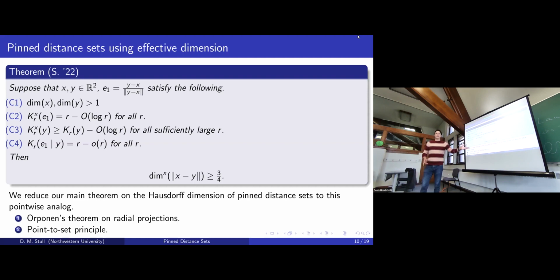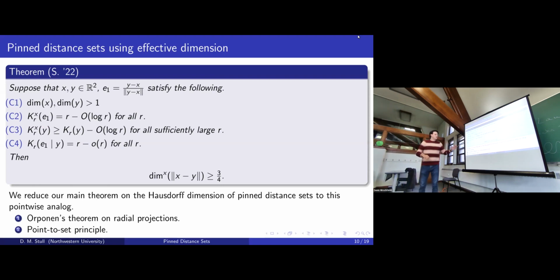Essentially, you have a pointwise analog, and then you just appeal to the point-to-set principle, and just remember to relativize your theorem to an oracle. But as we did this more and more, the reductions became harder and harder. And so this actually is not an easy reduction from the classical statement to the pointwise statement.